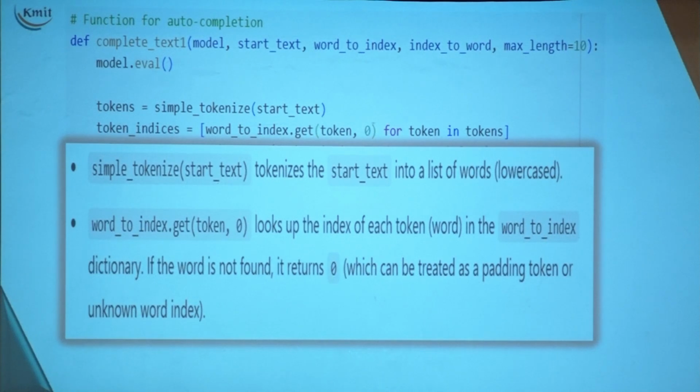If it is not found, important part guys. Do you remember I told you indexing will start from 1? Whenever you give that start text, the prompting words, it will check through your dictionary if that word is available. If that word is available, fair enough, the index will be returned. Otherwise, it will return a 0. So, if a 0 index is coming, what does it mean?